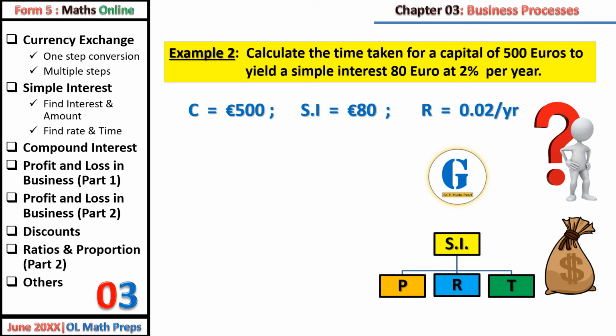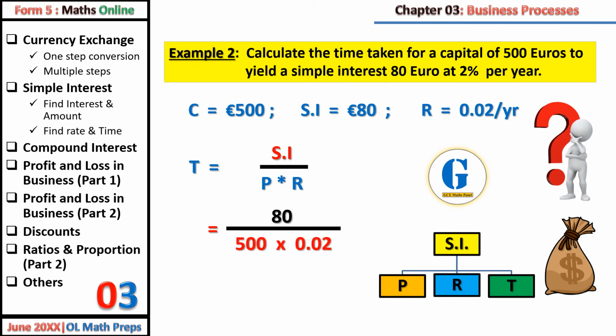So we can transpose the formula to get time, and time is equal to simple interest divided by principal times rate. Putting in the values, you have 80 over 500 times 0.02, and that gives us a value of 8 years. So it takes 8 years for this principal to yield an interest on a simple basis of 80 euros at 2%.